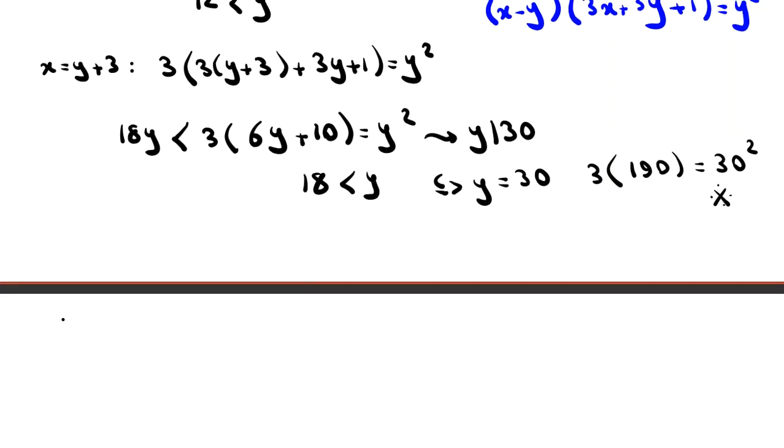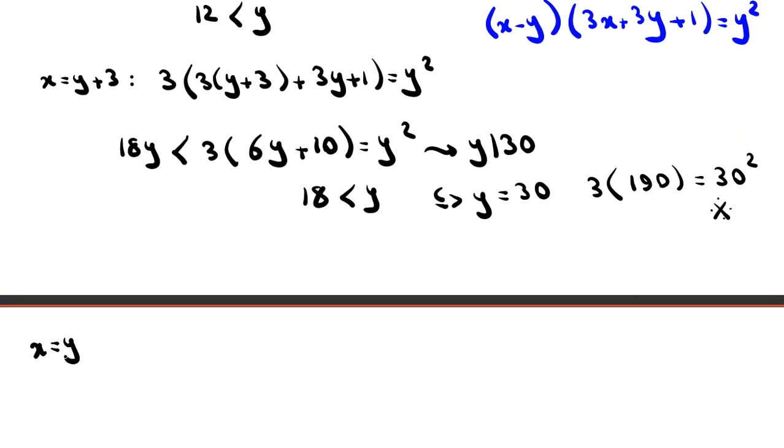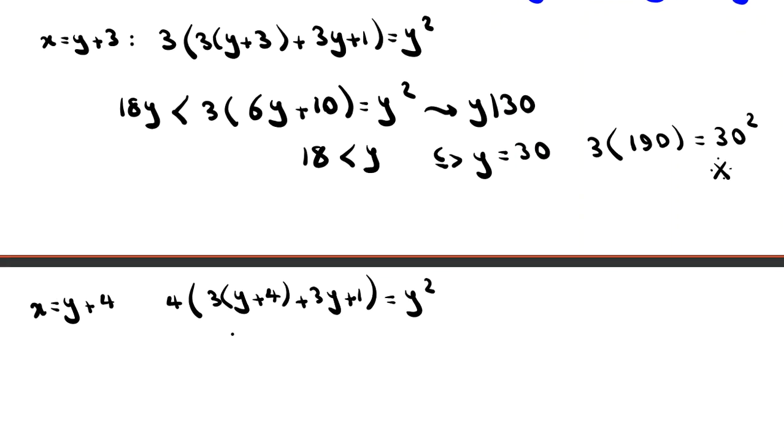Now, if we check x equal to y plus 4, then if we replace here, it will be 4 times (3y plus 4) plus 3y plus 1 equal to y squared. So here it will be 4 times (3y plus 3y), 6y, plus 12 plus 1, 13, equal to y squared.